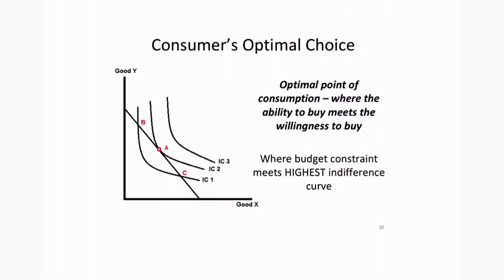Now, let's talk about the consumer's optimal choice. When we have the optimal choice for the consumer, we are combining the budget constraint with the indifference curves or consumer preferences.